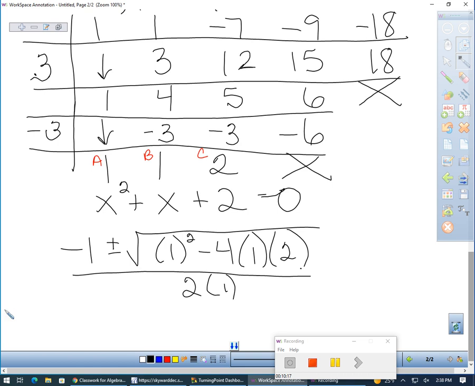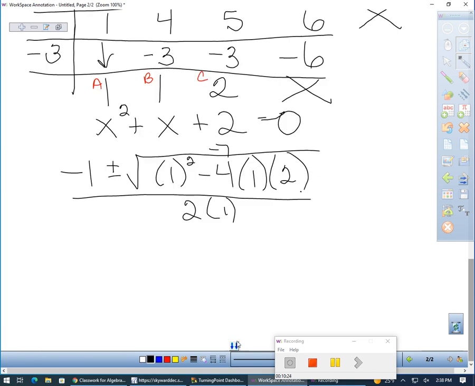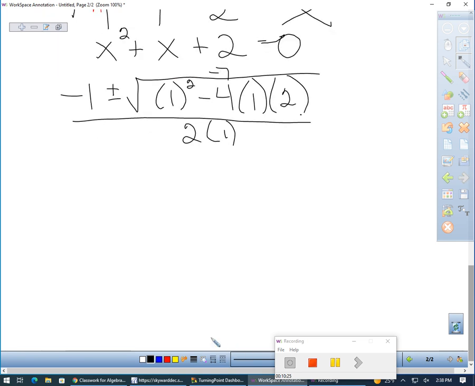All right, underneath that square root, we have 1 minus 8, or negative 7. So what's the only thing that can come out of that beautiful square root? An i, right? If I have a negative 7 under there, we can take out an i. So our quadratic formula gives us negative 1 plus and minus i root 7 all over 2.